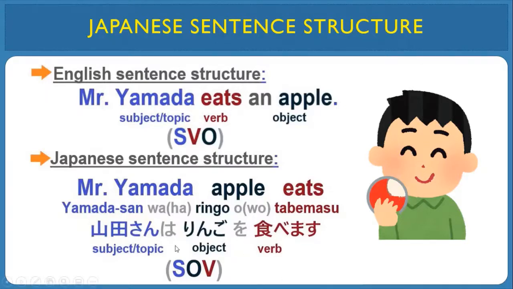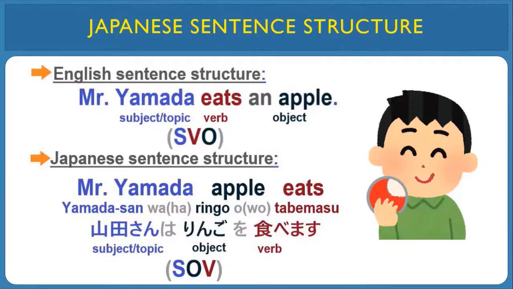Once again, please repeat after Toshiro. 山田さんはリンゴを食べます。 Okay. So this was the first example of Japanese sentence structure.